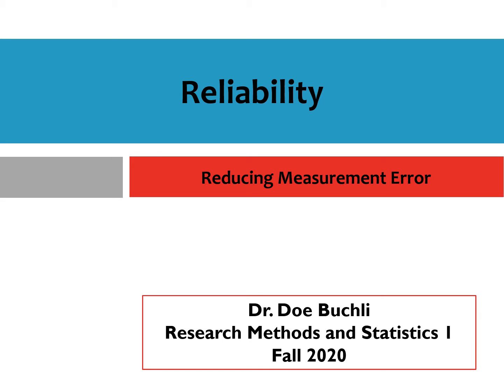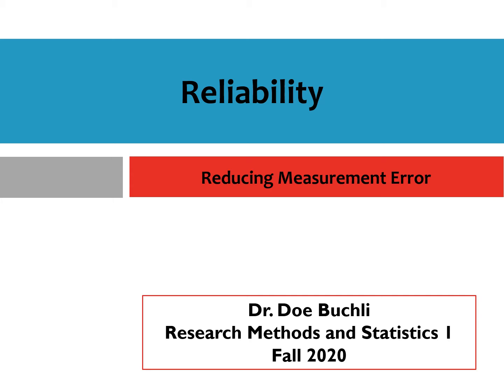So we discussed that in my last video, and we also talked extensively about different sources of measurement error that impact reliability. So we talked about unsystematic or random error, which is just due to extemporaneous or chance factors, and we also talked about systematic error or bias.